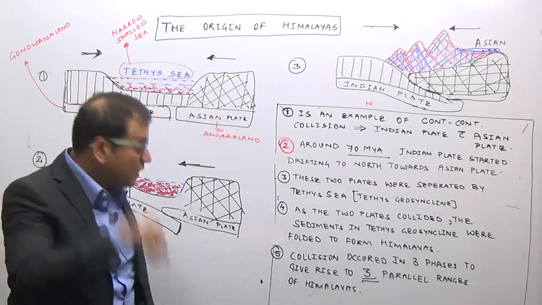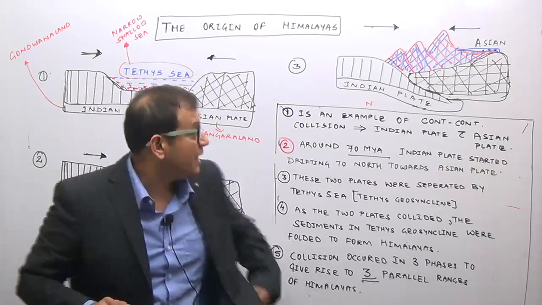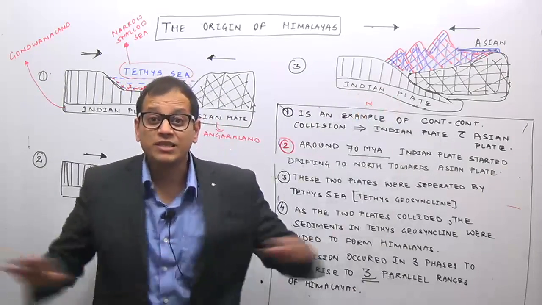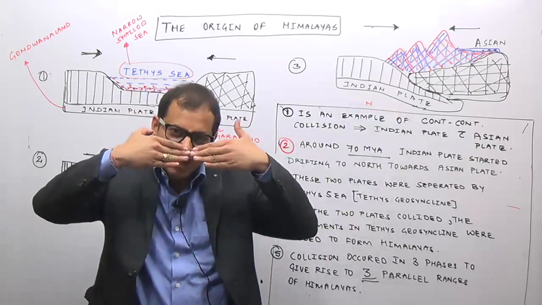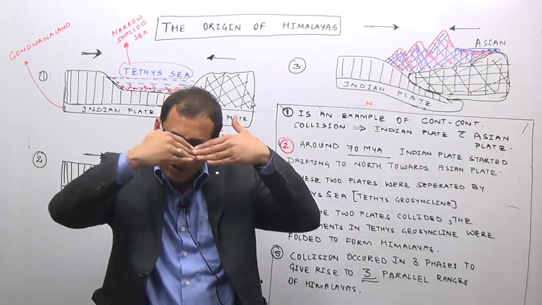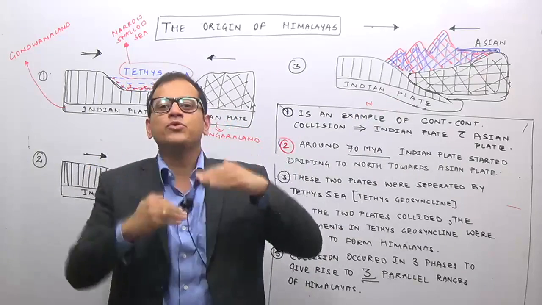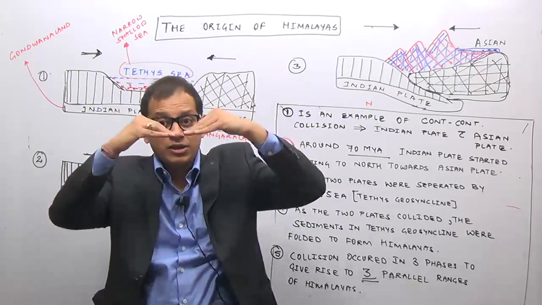And even today, is the collision occurring or not? Even today, the Indian plate is slightly moving under the Asian plate. The process has not been completed. Even today, the Indian plate is trying to push and go below the Asian plate. We are living on the Indian plate, on the North Plains.